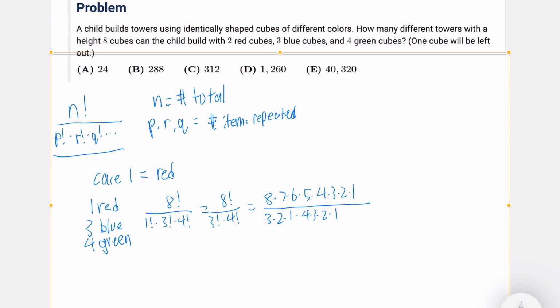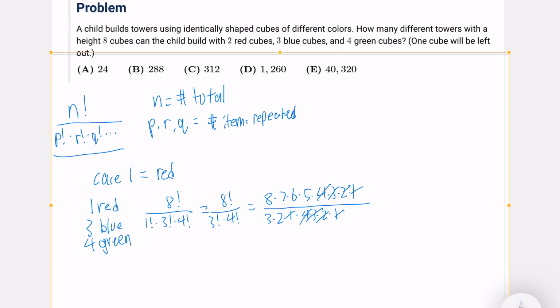And now we can just cancel out some numbers that appear both in the numerator and in the denominator. So for example, 2 can cancel out with 2, 3 can cancel out with 3, 4 can cancel out with 4. Then obviously 1, we can cancel all of these out because if you multiply 1 by any number, it would still give you that number.